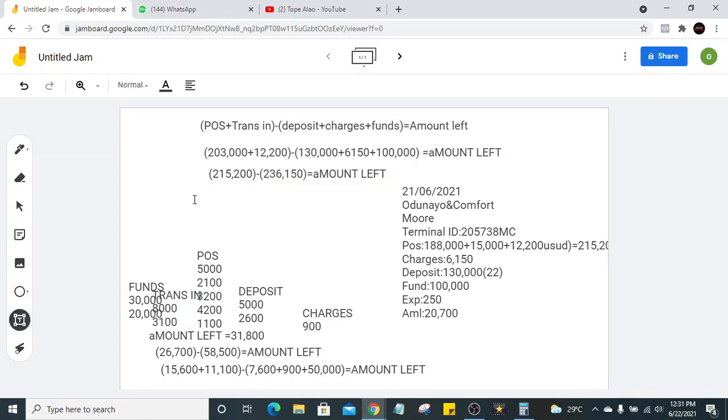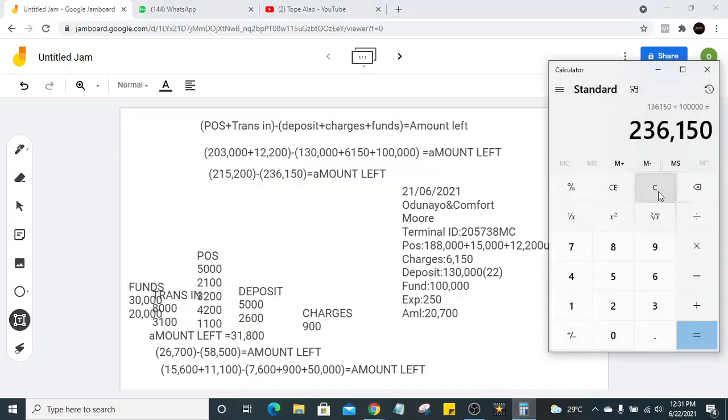So this is what we're going to do: 215,200 minus 236,150.